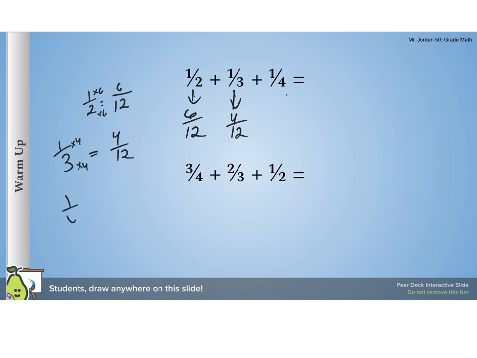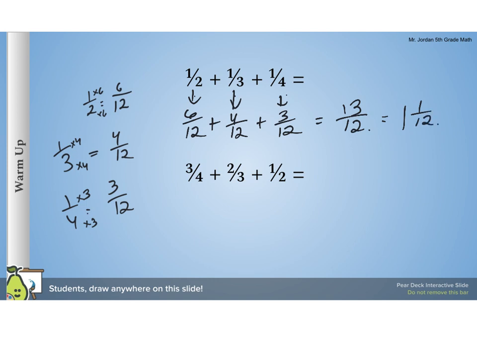And 1/4, to change to 12ths, times 3 would be 3 12ths. So then you have 6 12ths plus 4 12ths plus 3 12ths. The denominator stays the same, and you've got 13 12ths, or 1 1/12.